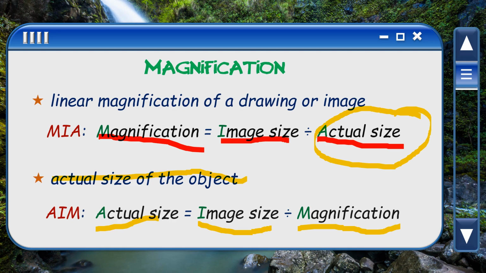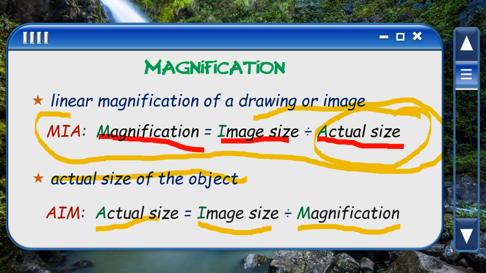So we are still using MIA here, and we are just interchanging and making the actual size the subject. So the image size is divided by the magnification to get the actual size. That is MIA.